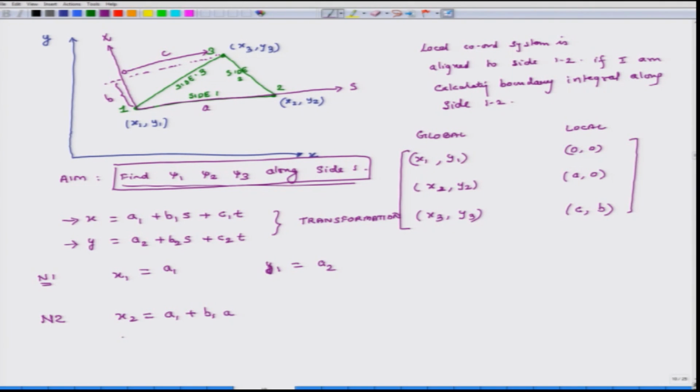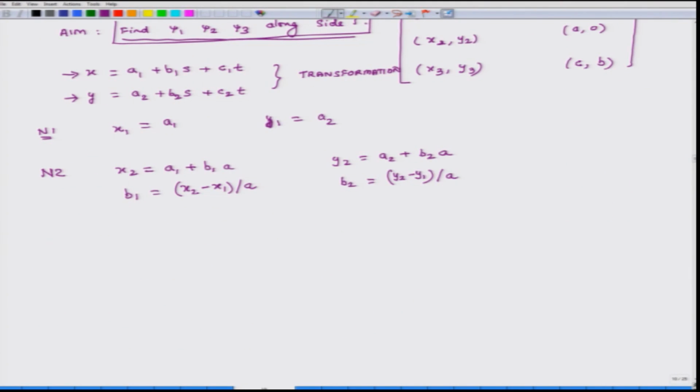So this gives me b1 equals x2, and what is a1? a1 is x1, so minus x1, divided by A. Similarly, y2 is equal to a2 plus b2 A, so I get b2 is equal to y2 minus y1 divided by A. Understood? So this is the thing for node 2.